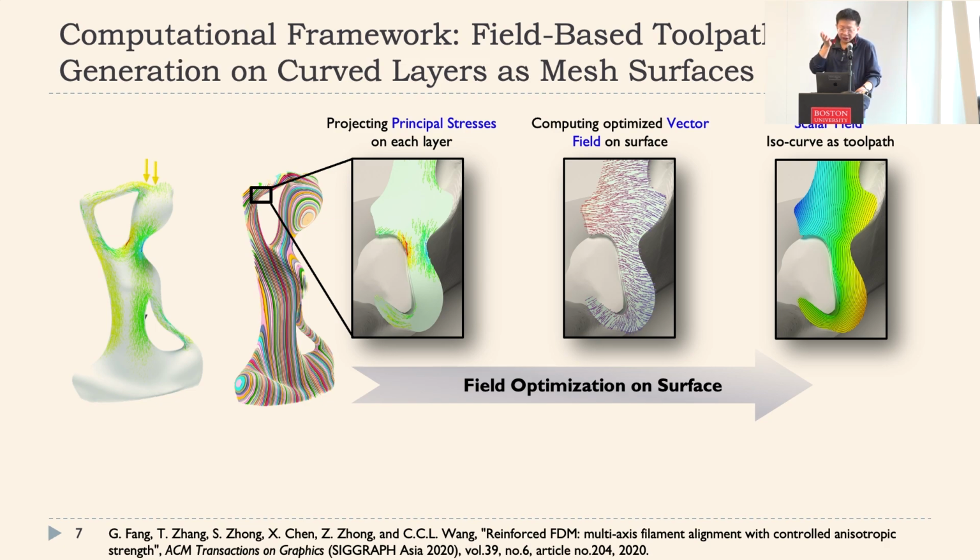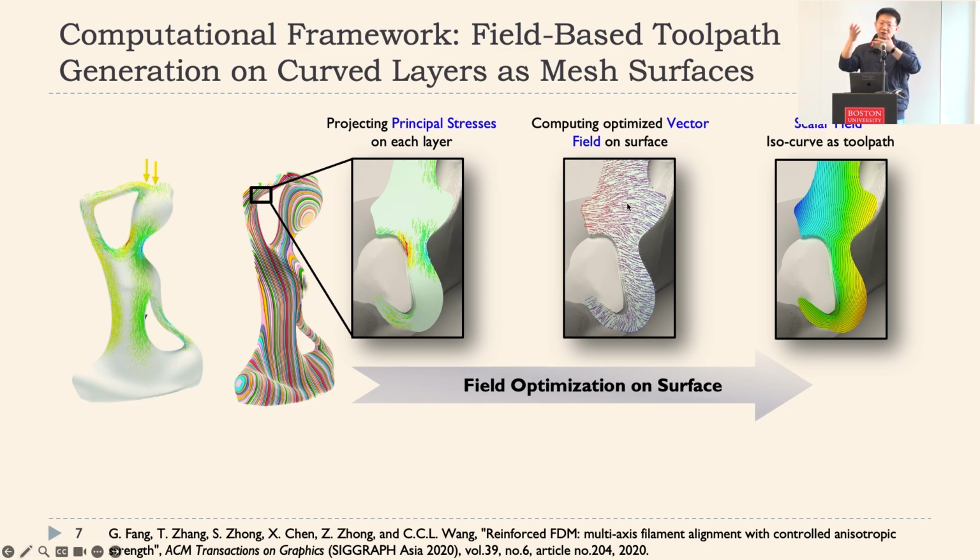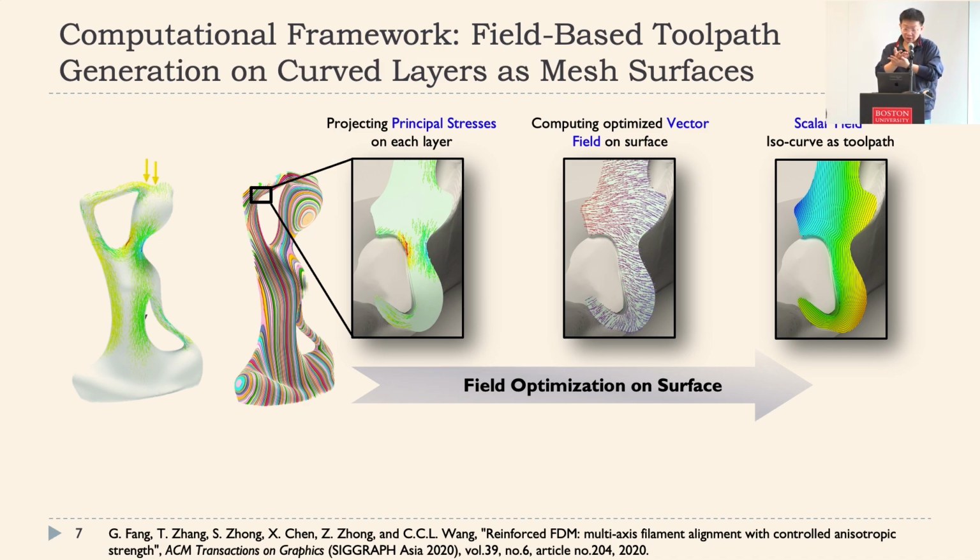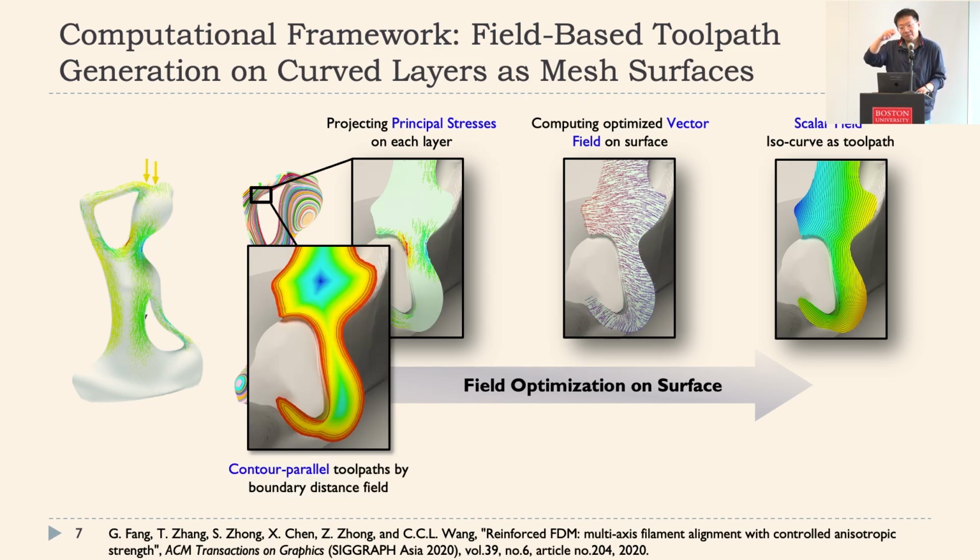After we generate those curved layers, we project the stress field onto them and apply the same principle on each surface layer. We generate another vector field orthogonal to the maximum stress field, and using that vector field we give the normal of a scalar field. The iso-curves of that scalar field give you the toolpaths.